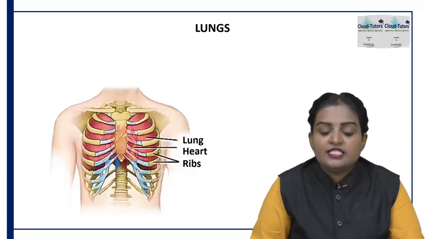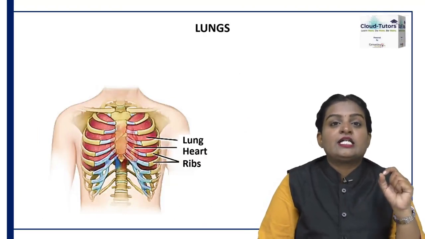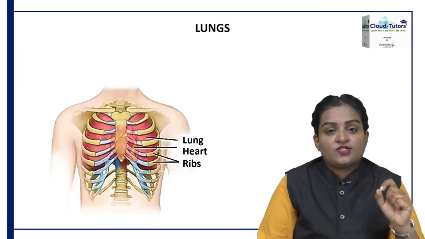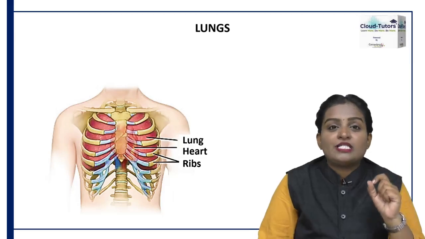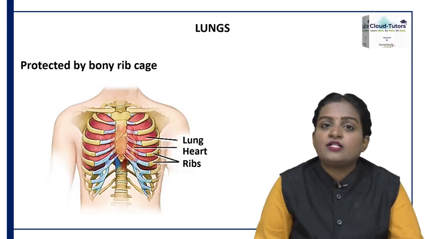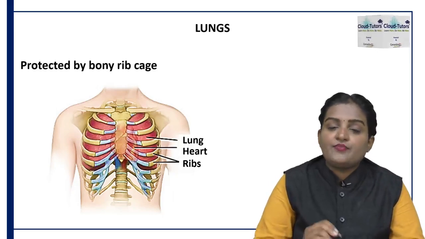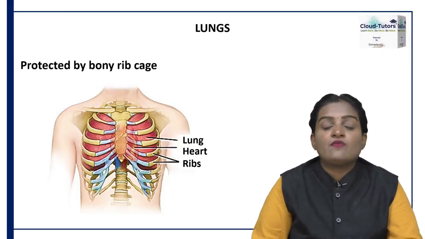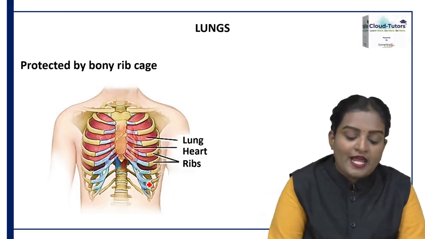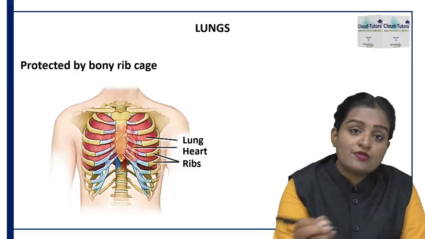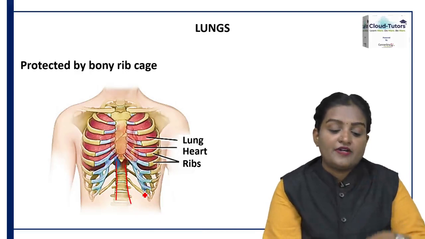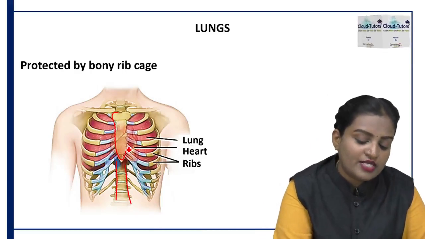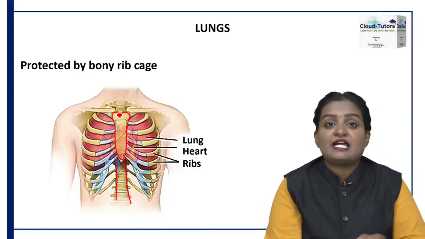The lungs are very delicate structures and they are protected by a bony structure, that is the rib cage. The rib cage is made up of 12 pairs of ribs and they are attached to the backbone on the backside, and in the front they are attached to the breastbone, that is the sternum.